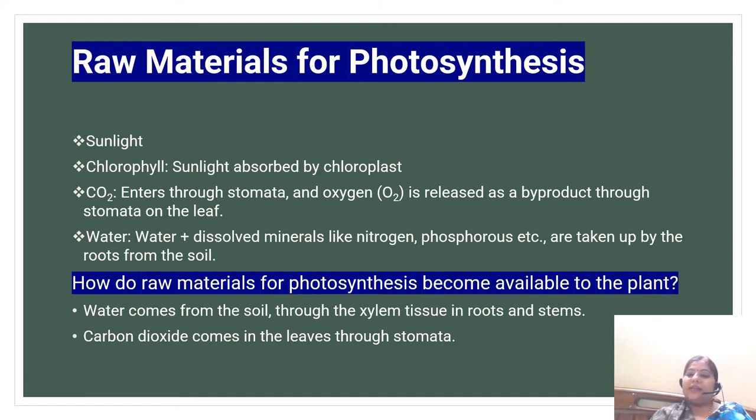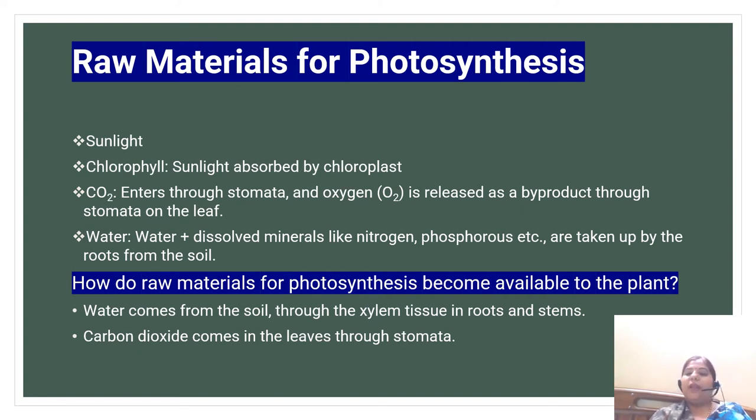Sunlight is absorbed by the chlorophyll, which is present in the chloroplast. Chloroplast is a cell organelle which is green in color, and this green color is due to the presence of chlorophyll in the leaf.